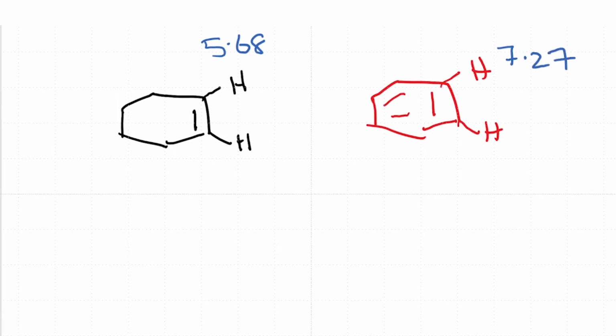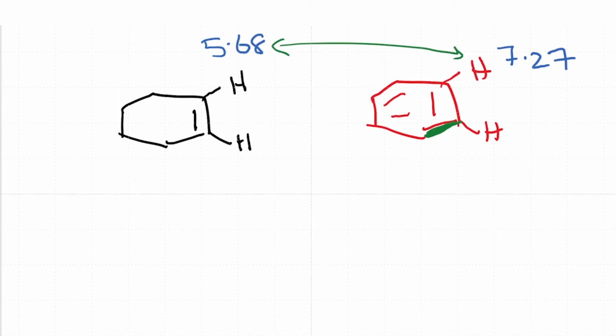The difference between these two numbers is really significant. It's huge. Therefore, this difference in the aromatic ring is attributed to the ring current effect that is prevalent only in aromatic rings. It's a very peculiar effect in that it only affects the hydrogens.